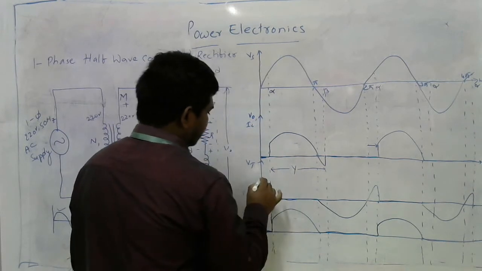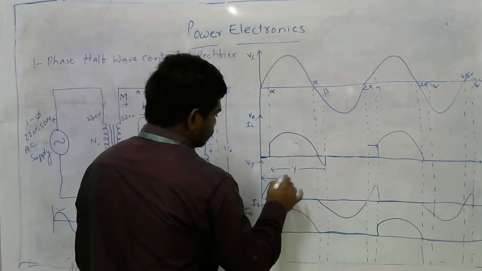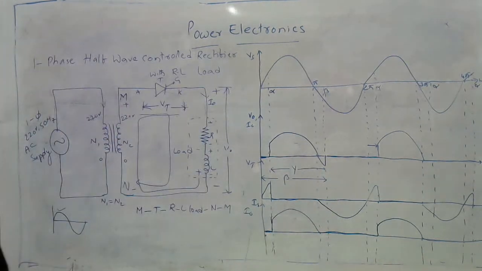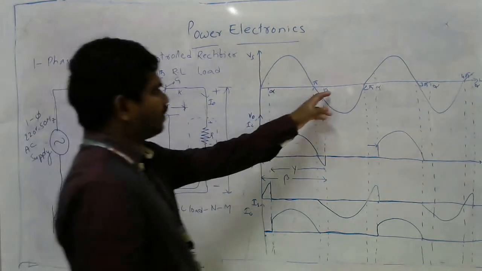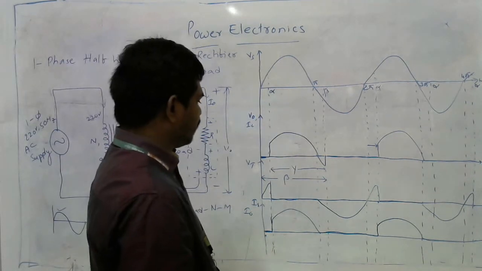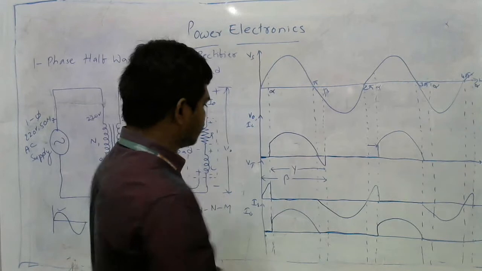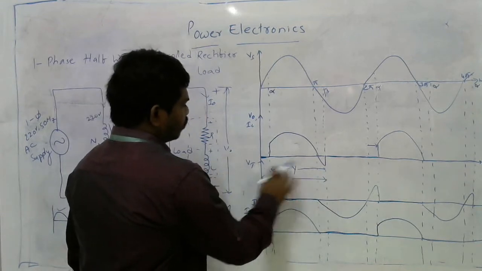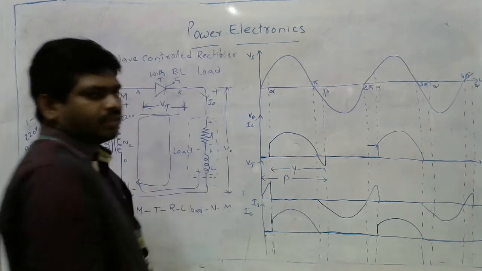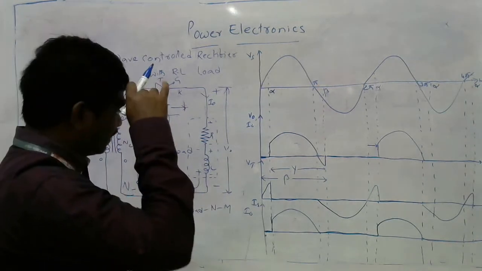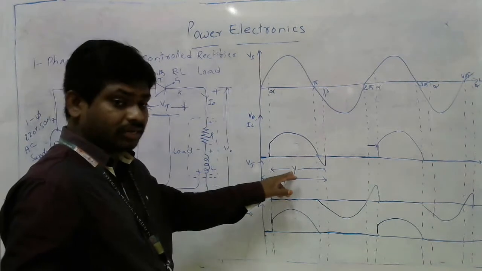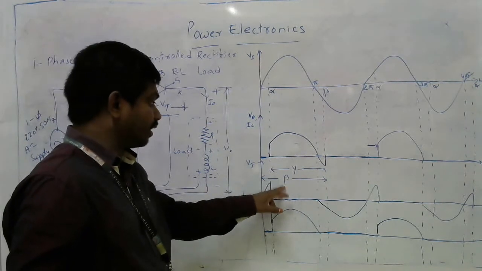This is beta, the extension angle. From 0 to pi plus beta is nothing but beta. I am simply calling that beta. From alpha to beta is nothing but gamma. So gamma is the conduction angle, and beta is the extension angle, right?